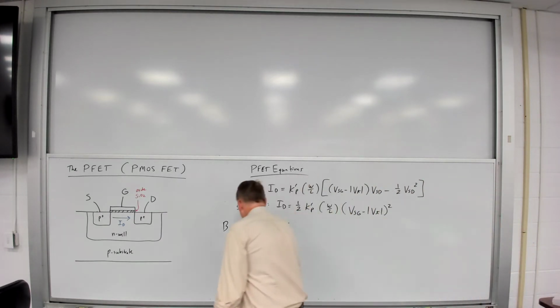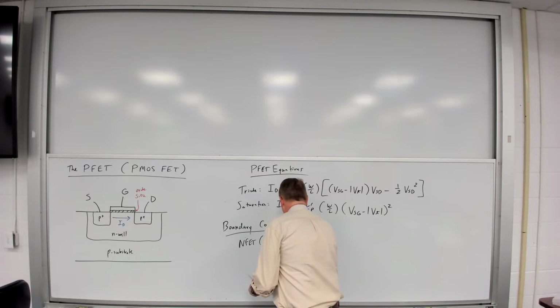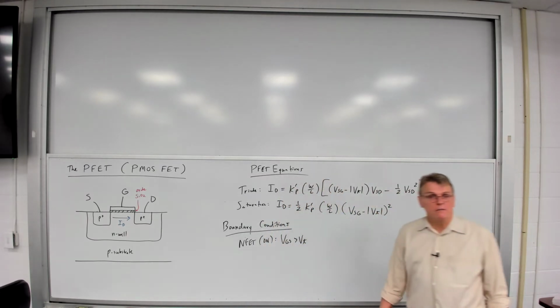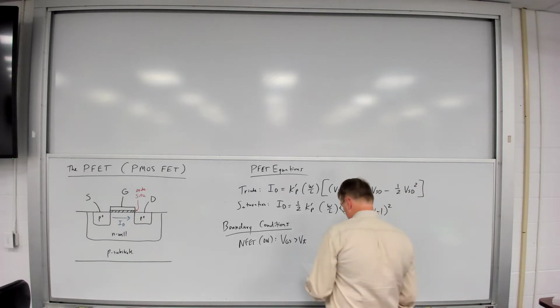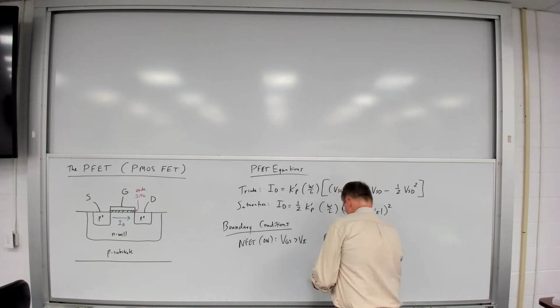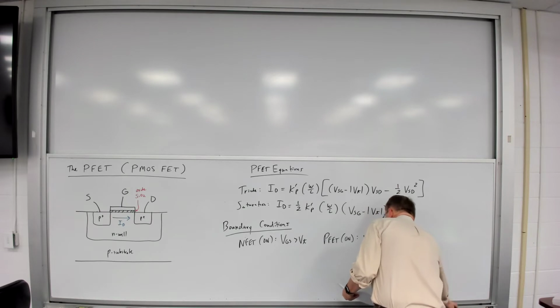So for an NFET to be on, VGS has to be greater than VT. For a PFET to be on, VSG has got to be greater than the magnitude of VT.